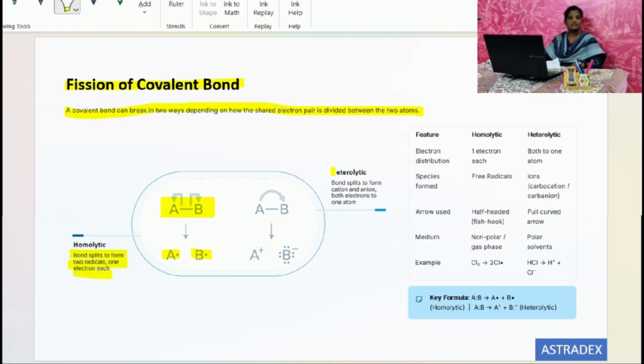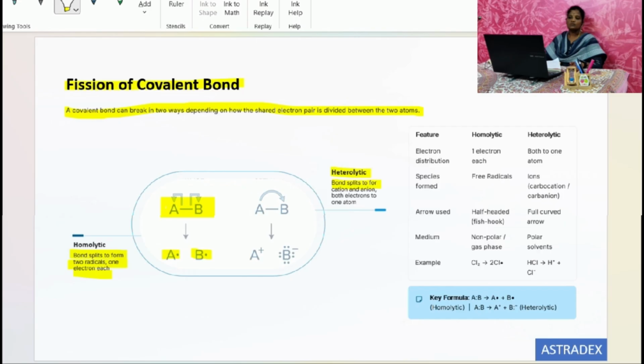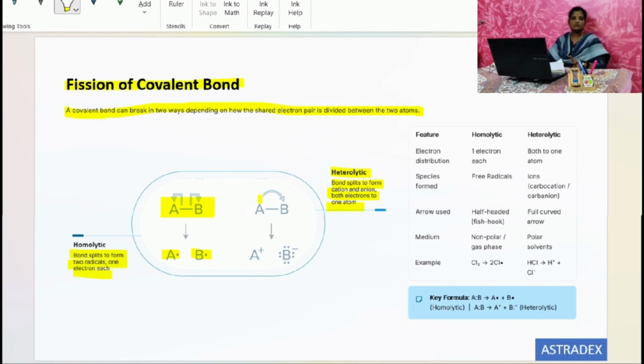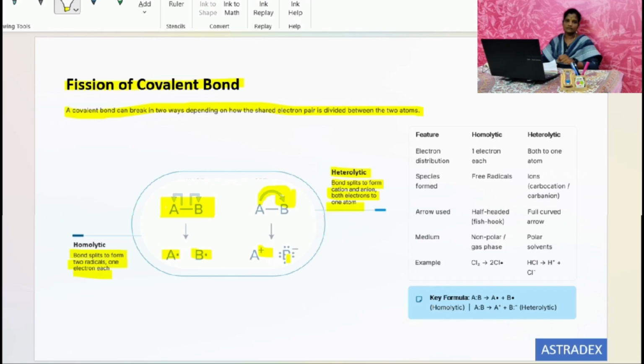Another fission is heterolytic. This is again a covalent bond. The bond splits to form a cation and an anion, with both electrons going to one atom. The two electrons present in a bond: if one atom takes the pair of electrons towards itself, the other atom will find itself lacking, so it will have a positive charge.